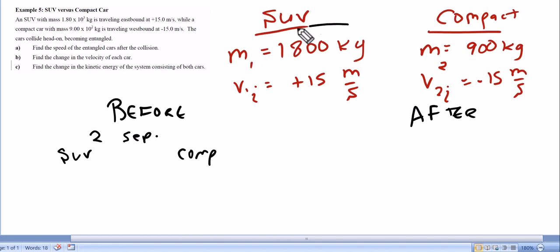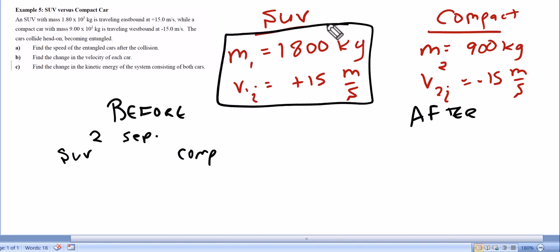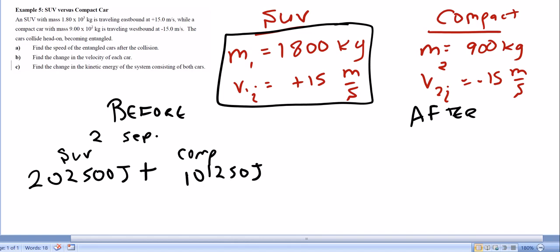Now recall the kinetic energy is 1/2 mv squared. So if we do that for the SUV with the initials, we get that the initial kinetic energy for the SUV is 202,500 joules. And the compact car, we get an initial kinetic energy of 101,250 joules. And that gives me a total of 303,750 joules.